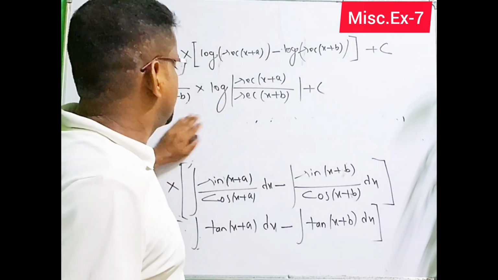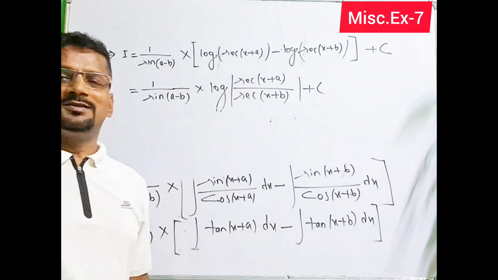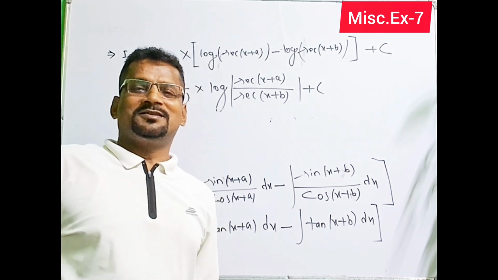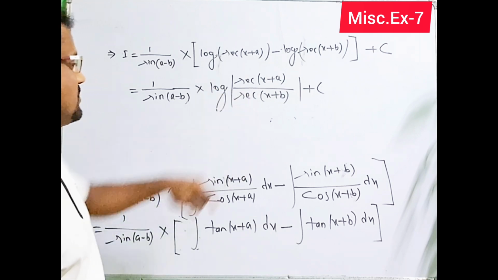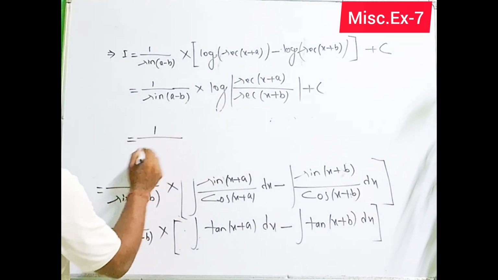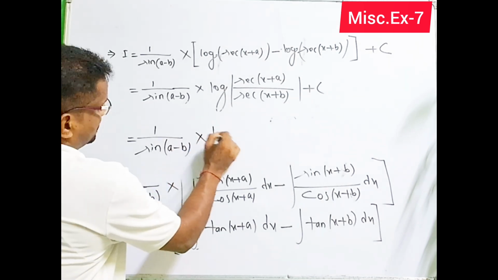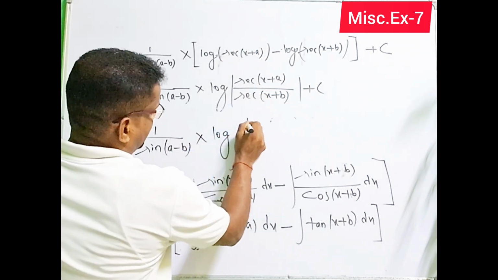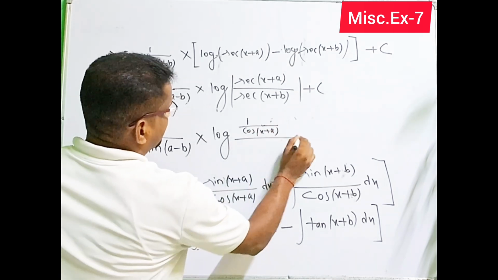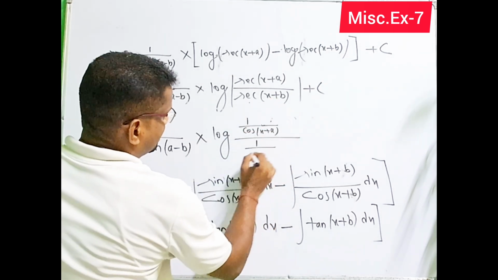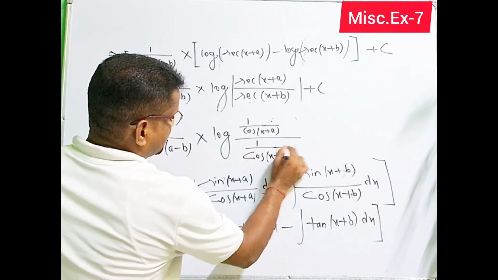You can give the answer here also, but if you see in your textbook, the answer is in terms of cos, so many students think that the answer is wrong. Not so. Just see, if you want to give the answer in terms of cos, sine of a minus b as it is, we can write log of sec means 1 by cos of x plus a, whole thing divided by sec of x plus b means 1 by cos of x plus b.